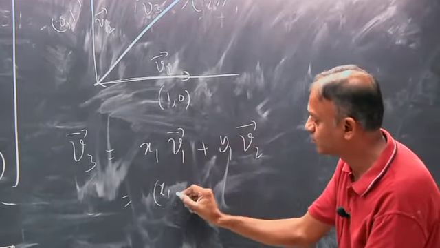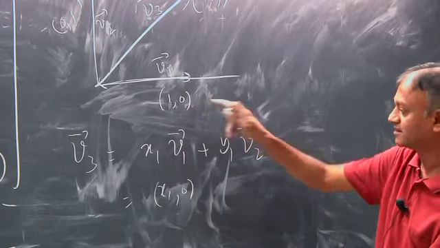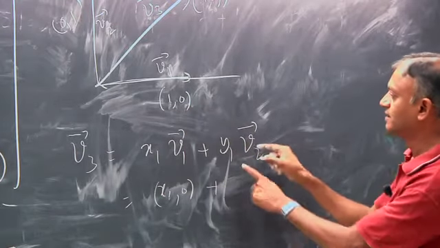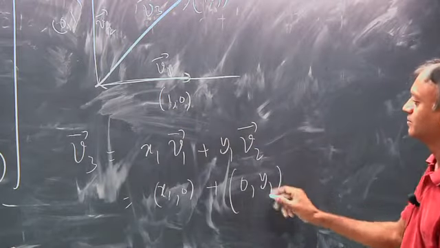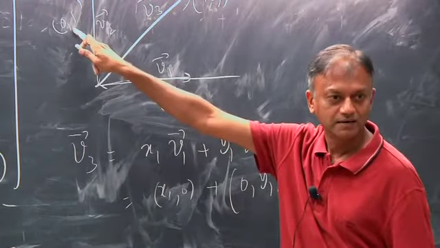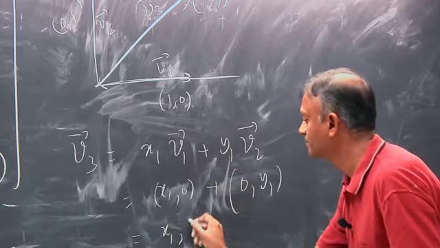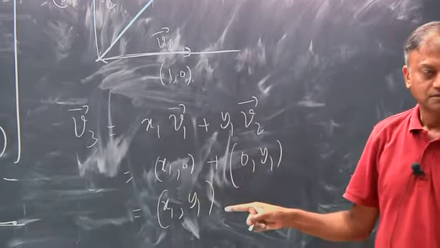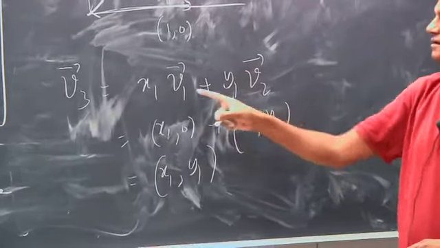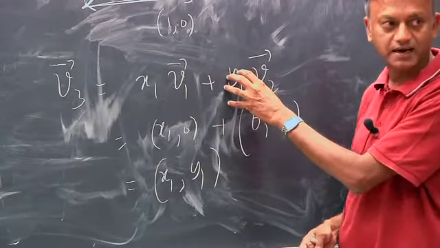So this is (x1, 0). And y1 times (0, 1) simply gives (0, y1). You add them up, and that is simply (x1, y1). So this is true: v3 is indeed a linear combination of these 2, some number times v1 plus another number times v2.